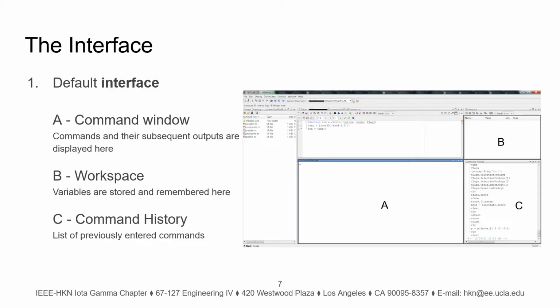Anyway, the default interface, we're going to start off with the command window, which is A. The command window shows the commands and their subsequent outputs and displays them. B, or the workspace, shows where variables are stored and remembered. C is the command history, which is a list of previously entered commands.